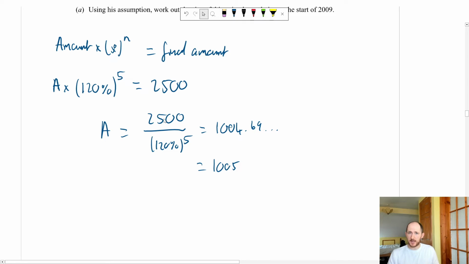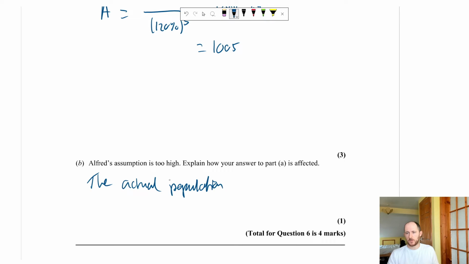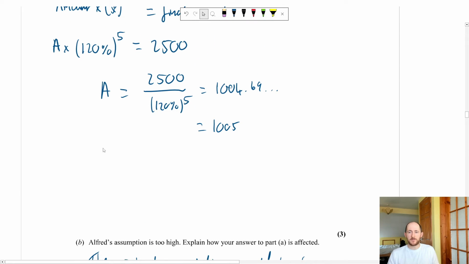If you times by it, then the number's too big. If you divided by it, the number's too small. So the actual population would be bigger, because we've divided by a number that's too large. The actual number is smaller than that.